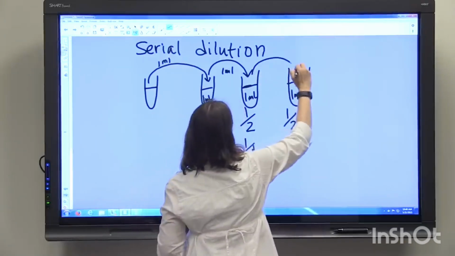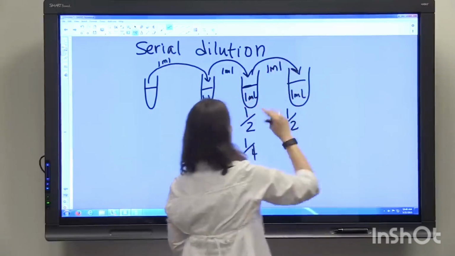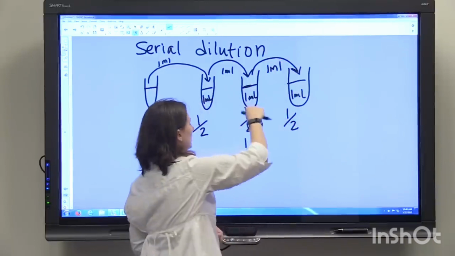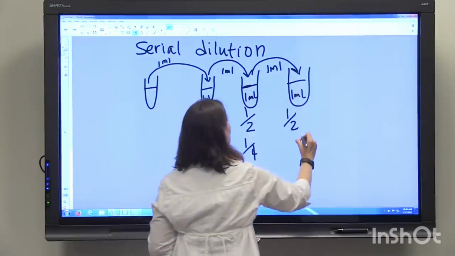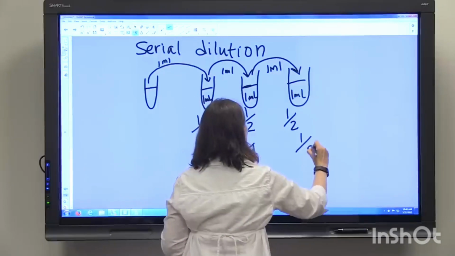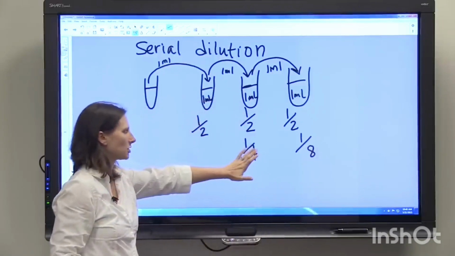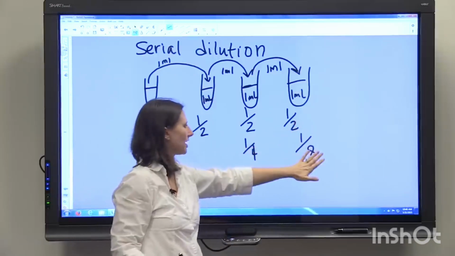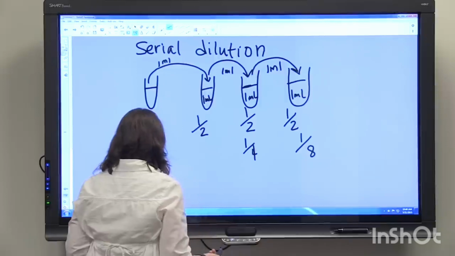Same here. If we take another ml, we have to make sure we're mixing these well before we're transferring that 1 ml so that we know the concentration. But here we're going to have 1/8 because this concentration is diluted by 1/2 to give us 1/8. So you can repeat that.